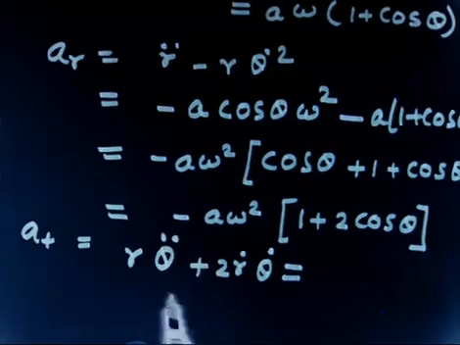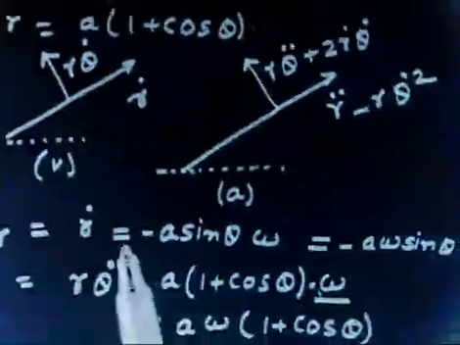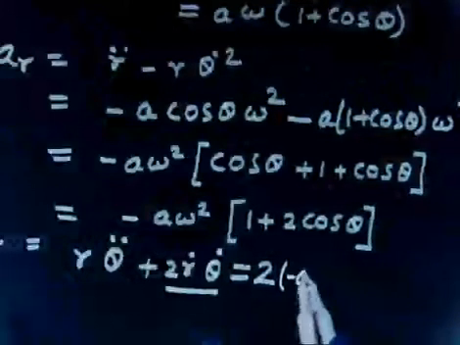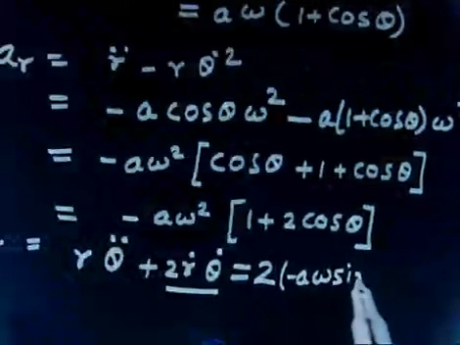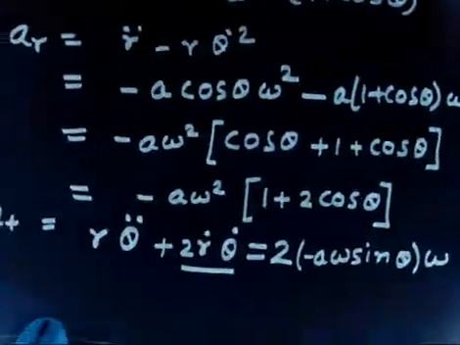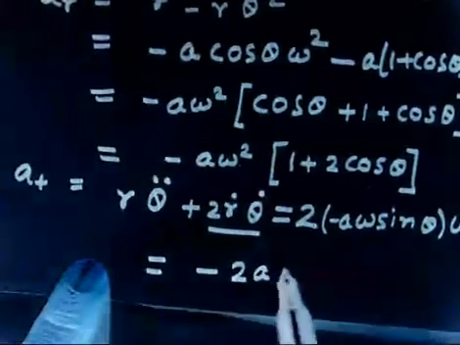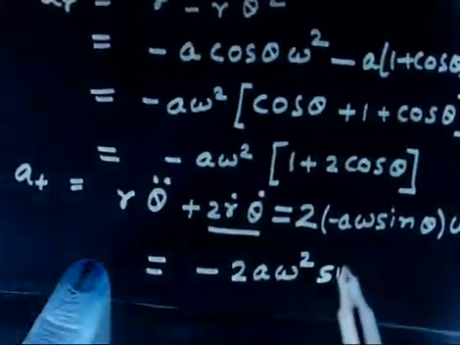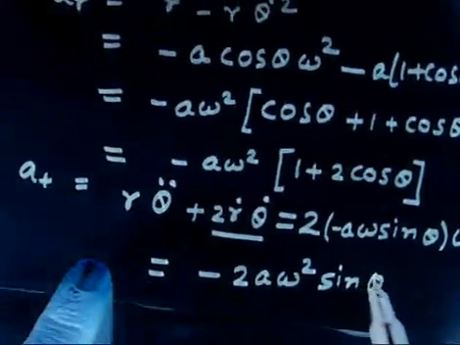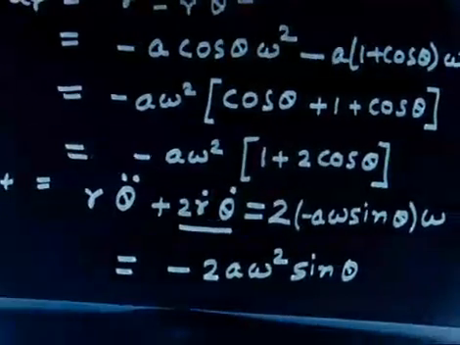So this term will go. Now consider the term 2 r dot theta dot. Here r dot is minus a omega sin theta, and theta dot is omega. So this will be simply minus 2a omega square sin theta. You are getting? So this is the tangential component of acceleration.